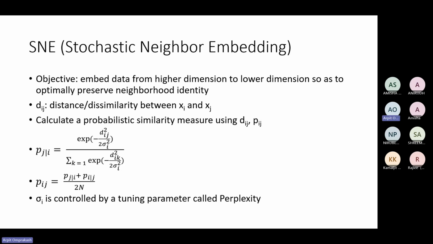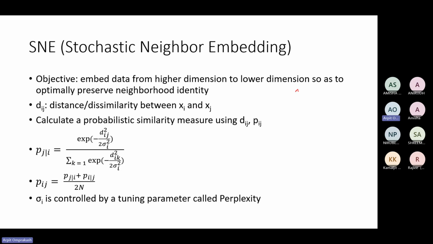So we want to keep points that are closer together in the original dimension closer in our reduced dimension, and we want points that are farther in the original higher dimensions to be farther apart in our lower dimensions. Okay, so for this, we calculate the distance or dissimilarity between any two data points that we have.